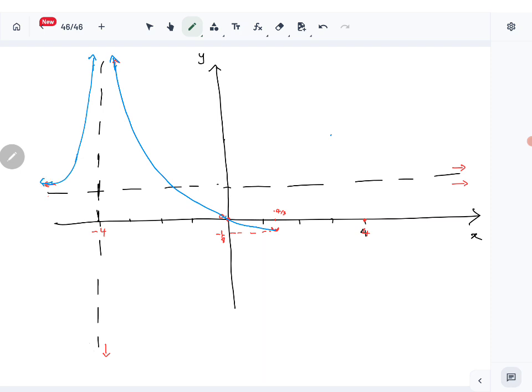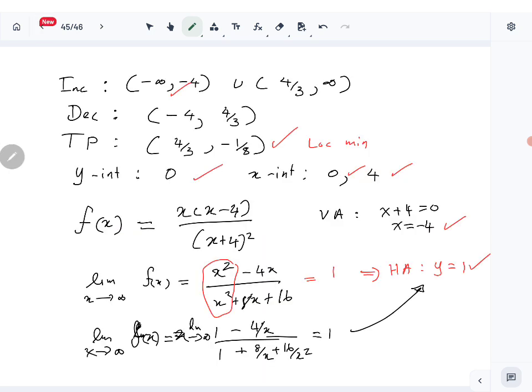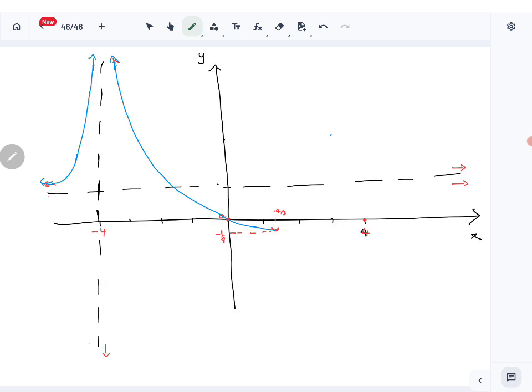So then the final section is from 4/3 to infinity, so an increasing shape, and you have to cross the x-intercept at 4. Let me make this clearer that this point is a minimum.